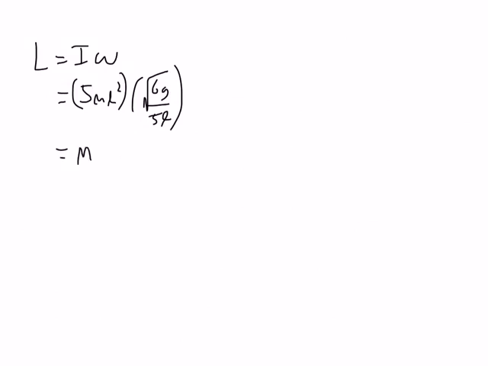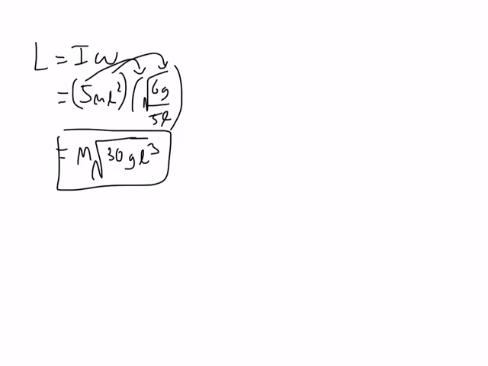So m square root of 30 g L cubed. That's how I'd probably combine that. Moving the 5 into the square root, we square it, so we get 25 divided by 5, and then 5 times 6. And also moving the L in, we get L to the 4th divided by L, so we get an L cubed, right? And so that's our angular momentum.